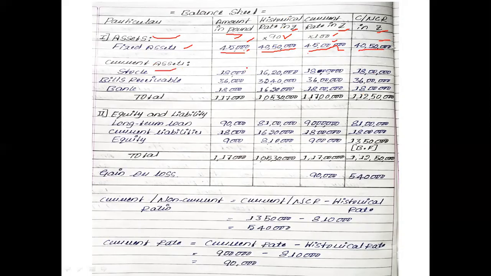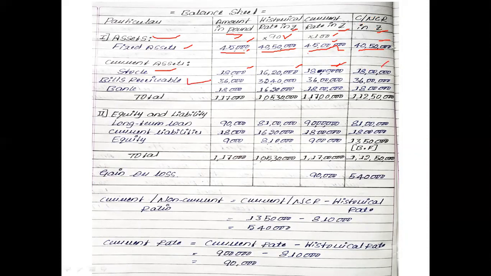The value is 18,000 pound. When we convert into rupees, multiplied by 90 at the historical rate, it is 16 lakh 20,000. At the current rate, 1 pound equals 100, 18,000 into 100 is 18 lakh. Then the stock is a current item, so we take the value at the current rate in the current and non-current column.